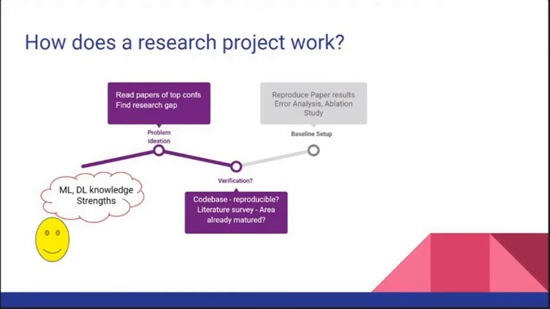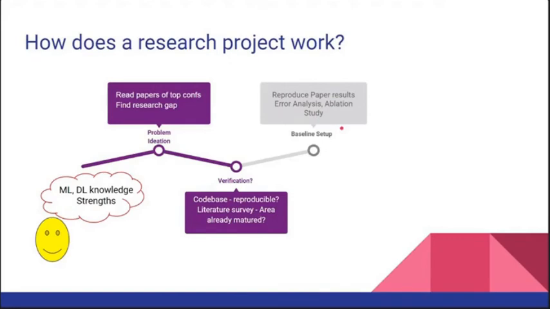If you don't see an area like that, go to the problem ideation step again. Do not go to this third step unless it satisfies these properties: at least 2 to 3 baseline models with code bases available, which you can then reproduce.